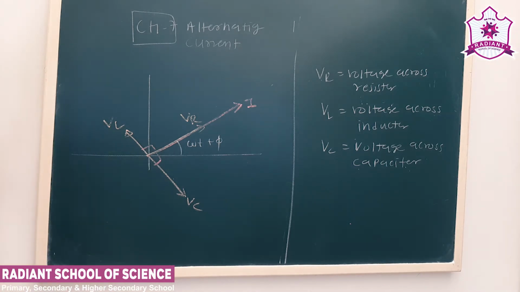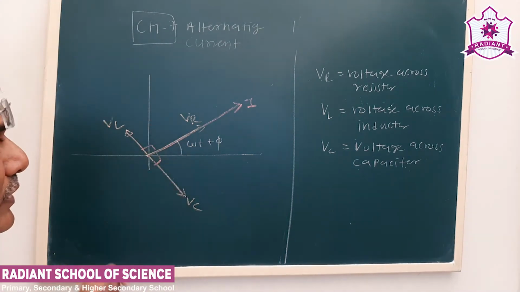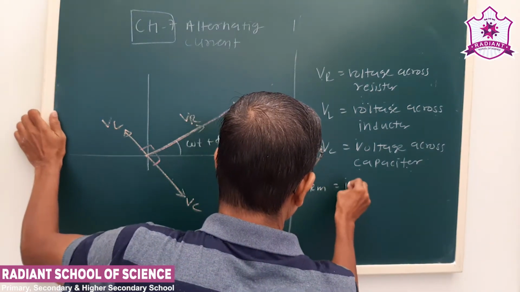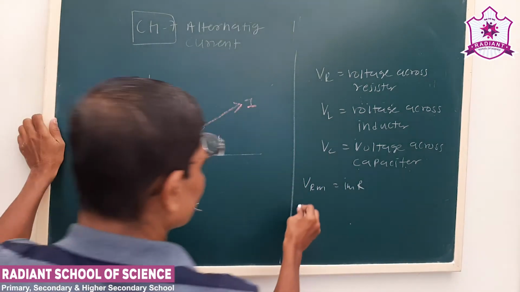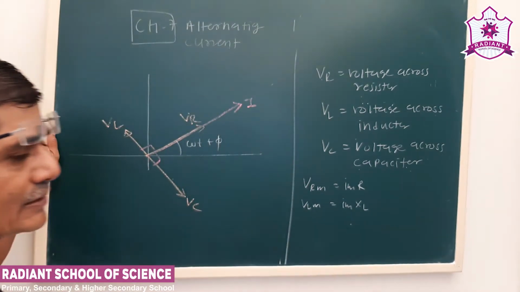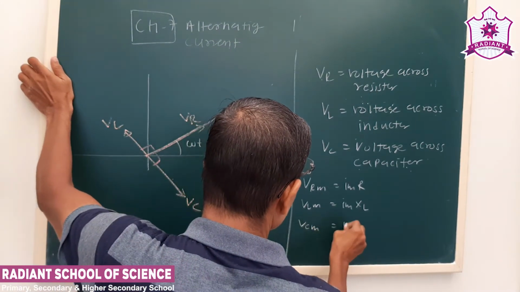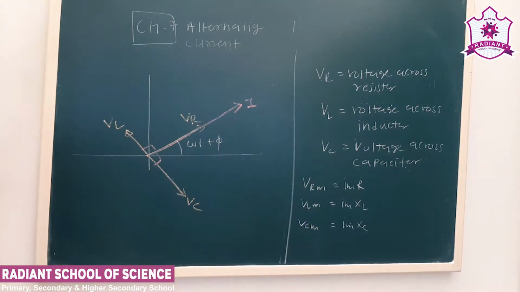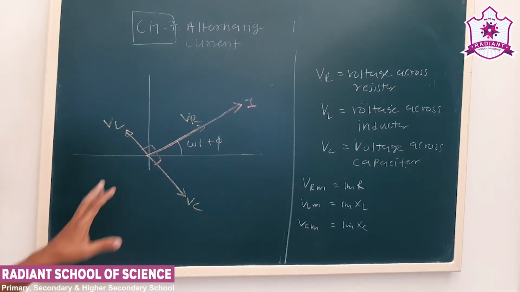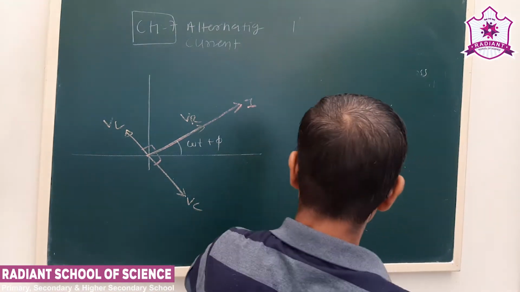Now the potential differences across the resistor, inductor and capacitor we can write as VRM equals IM into R, where IM is the maximum current, VLM equals IM into XL, where XL, as I mentioned earlier, is the inductive reactance, and VCM equals IM into XC, where XC is the capacitive reactance. Now, by using the same notation, we have to redraw the diagram. Then it will be like this.